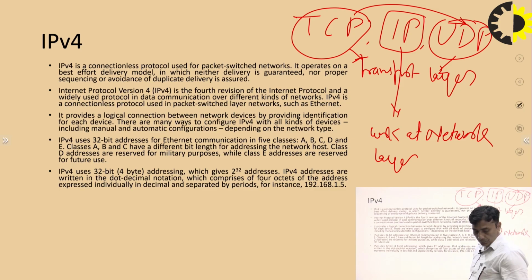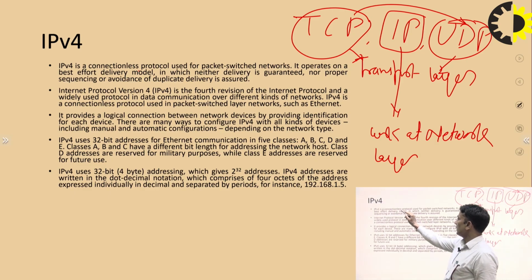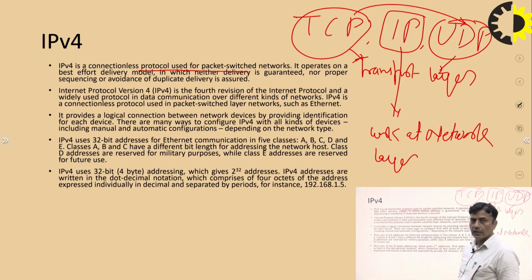So, IPv4, Internet Protocol version 4. IPv4 is a connectionless protocol. Basically IP is a connectionless protocol. There is no handshaking process before establishing the connection. Whenever the sender has data, it just sends the data. There is no connection establishment, there is no connection termination.